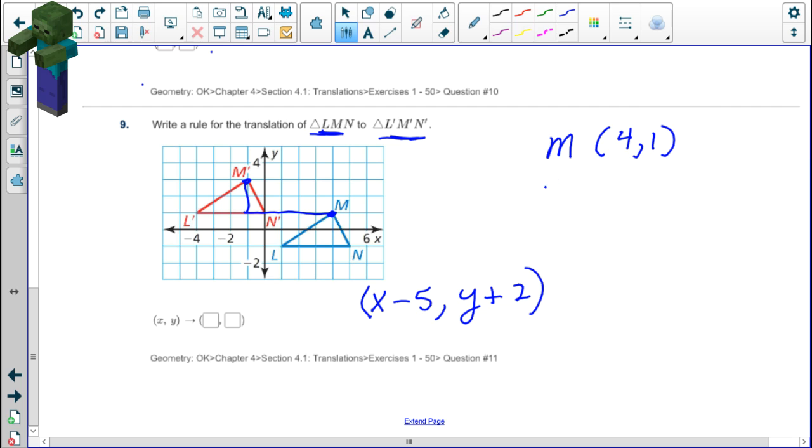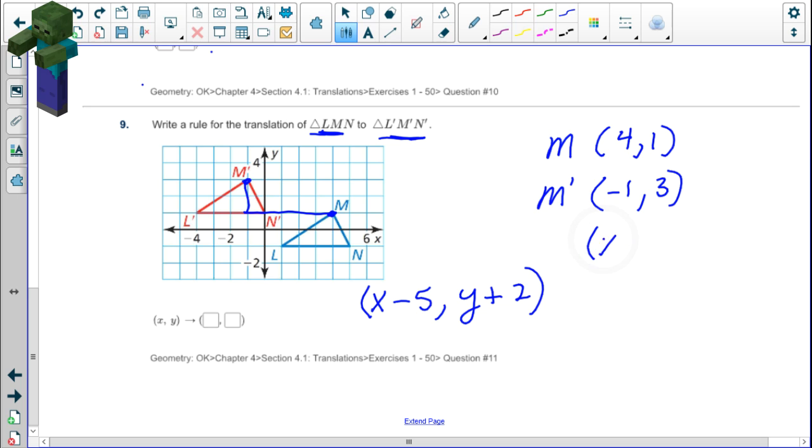So the coordinates of M prime are -1, and then up 1, 2, 3, like that. So then it's the same kind of thing.